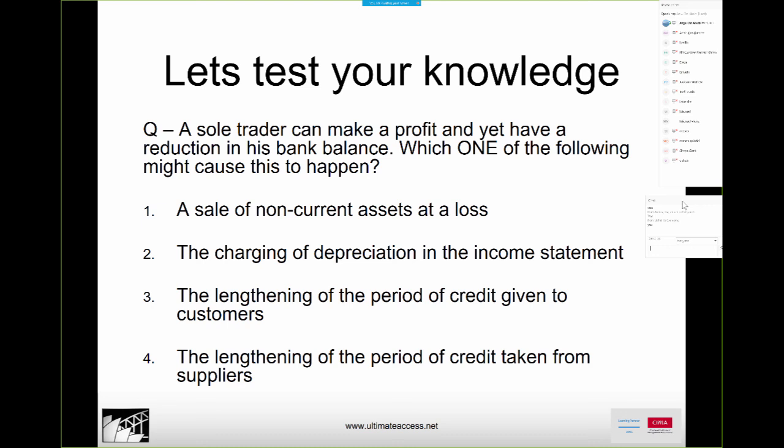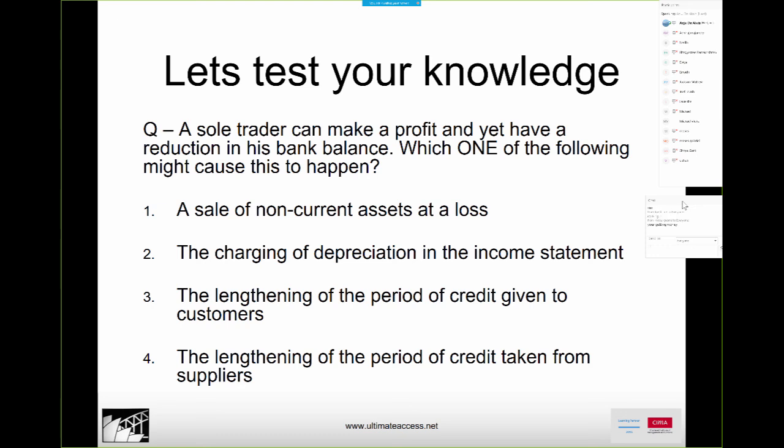Am I getting money or am I getting no money in this case? Is money coming in or going out? What do you think? Is money coming in or not? It is coming in, exactly. So this loss that we're talking about is a book loss.